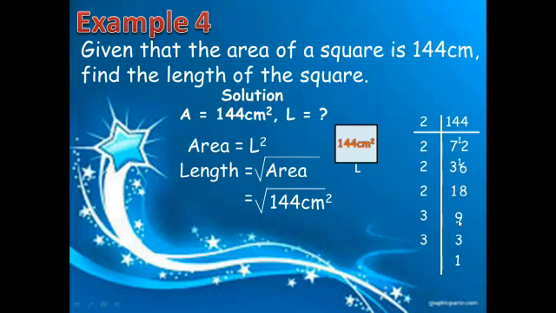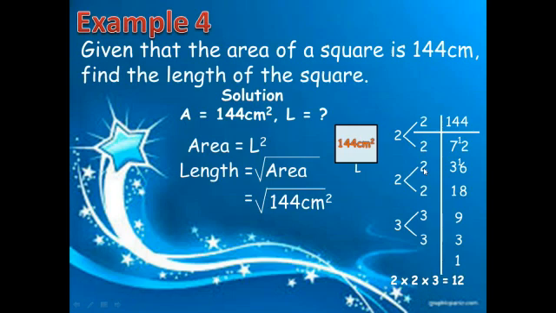Now since we are finding the square roots, we'll marry them in 2s. 2 and 2 will give you 2, right? Let's take another 2. Let's take them in 2s again. So we have 2. Very good. So these other 3s we make 1, 3.